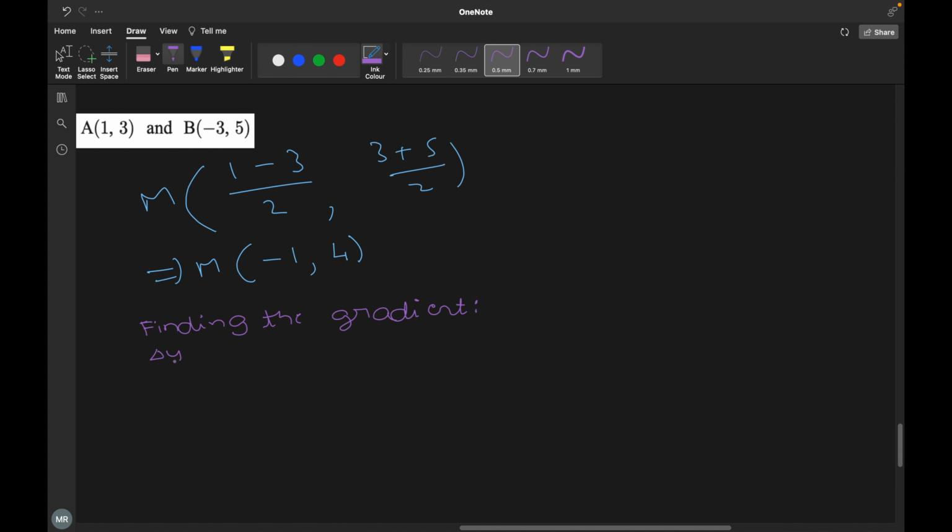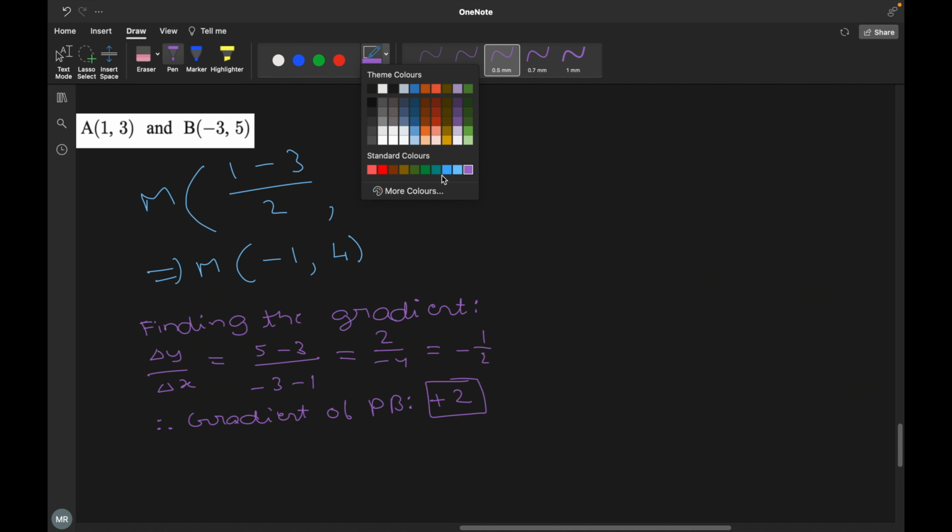That's change in y over change in x, which is (5 minus 3) divided by (negative 3 minus 1). This is going to be 2 divided by negative 4, which is negative 1 by 2. Therefore, the gradient of the perpendicular bisector, I'm just going to write PB, is the negative reciprocal, which is going to be plus 2. So we have this and we have this. Now let's find the equation.